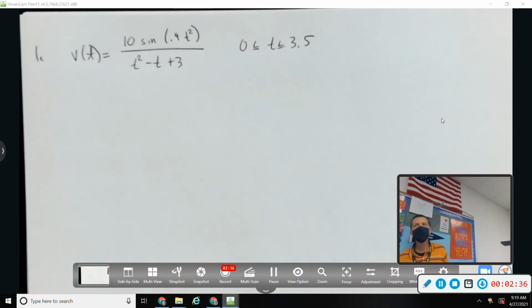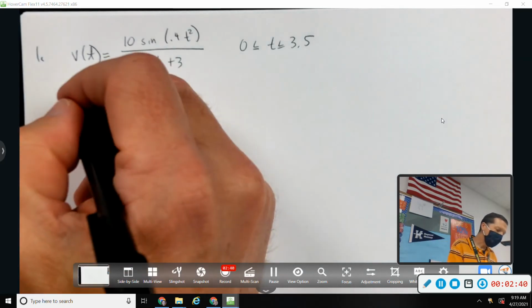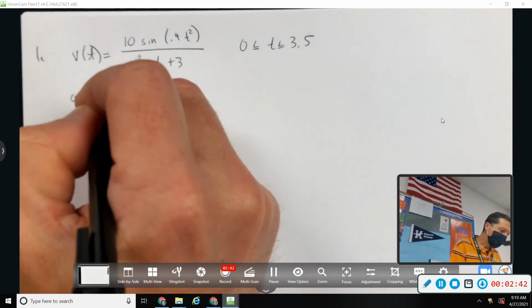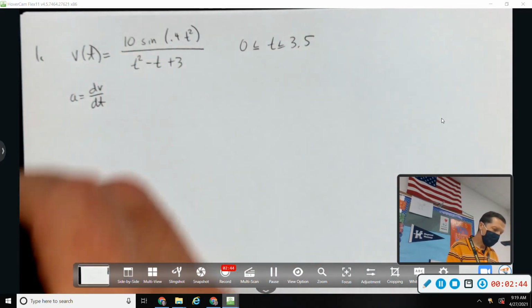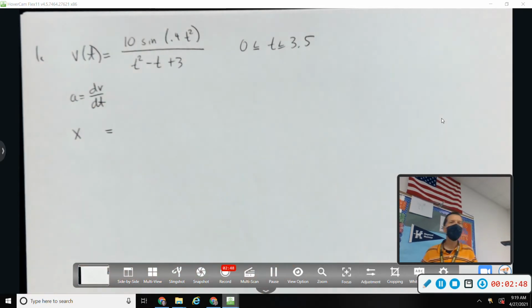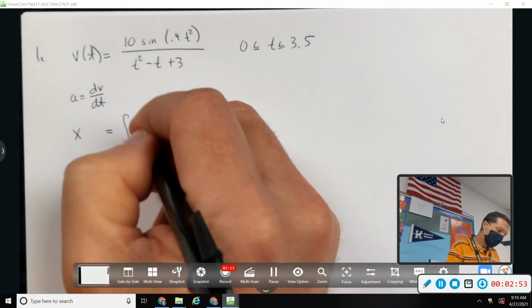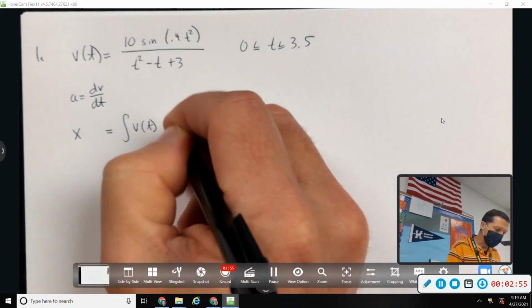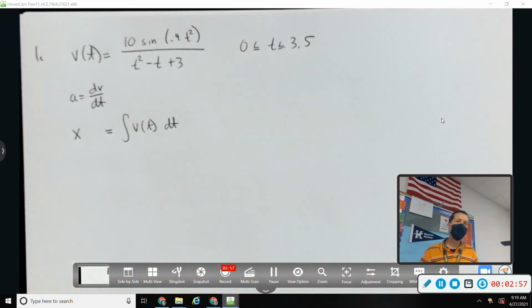So even before I move on, I'm thinking velocity. Okay, so if I want acceleration, I would take the derivative of velocity. And if I want position, what would I have to do to velocity? The antiderivative. So, I mean, who knows what they're going to ask, but something along those lines.